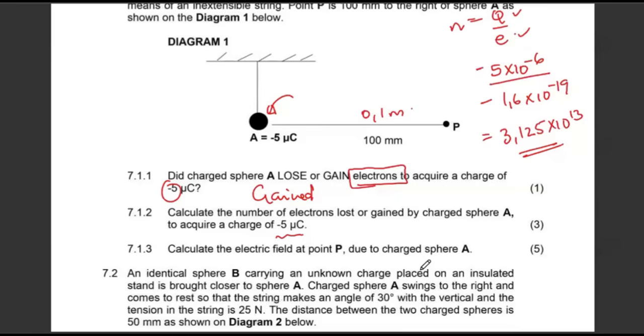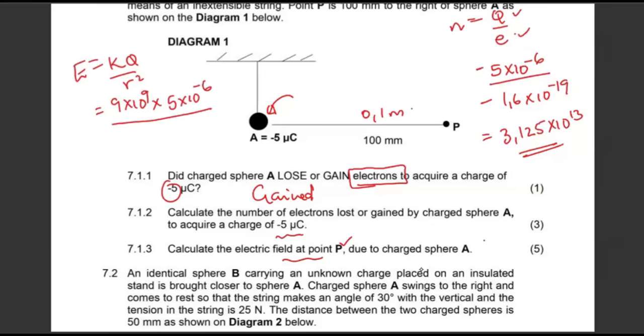Then 7.1.3, they want us to calculate the electric field at P due to the charge. The formula for electric field is KQ over R squared. K is 9 times 10 to the 9. Our charged sphere is 5 times 10 to the negative 6.